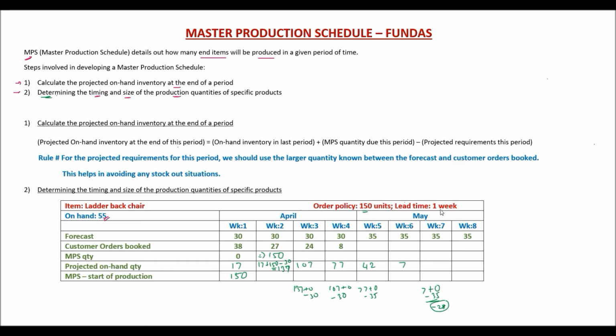Again, the lead time is 1 week. So if we have to have the supply in week 7, we need to get the units in week 6. So here we will produce another lot of 150 units. So then the MPS quantity will become 150.